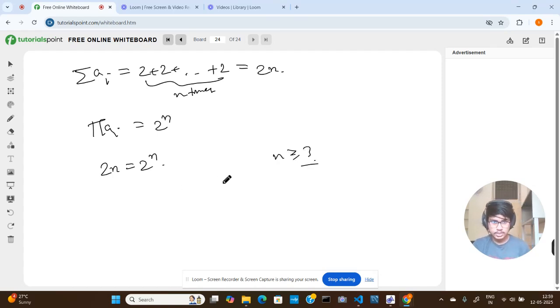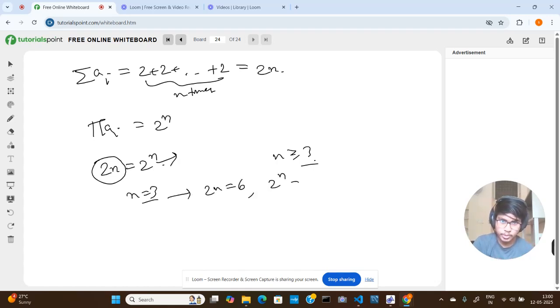Here the left-hand side is a linear term and the right-hand side is an exponential term. So you can see that they will not be equal for larger values of n. For n equal to 3, 2n is 6 and 2 to the power n is 8. So 2 to the power n is greater than 2n for n equal to 3.